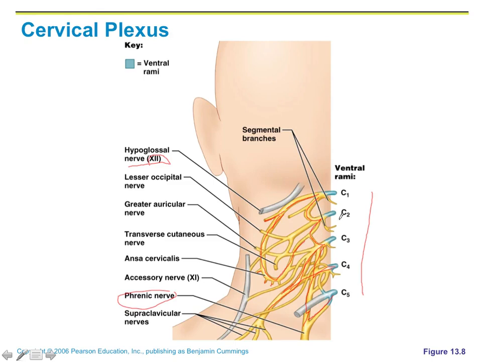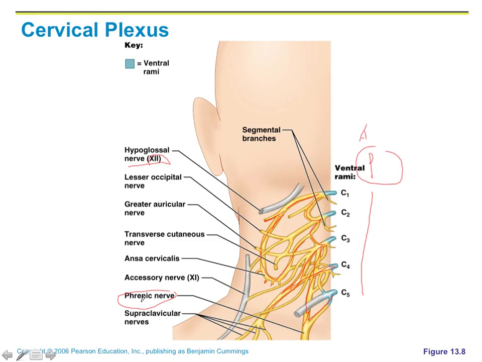Let's take a look at the C2 as well. We can separate this plexus into the anterior part and the posterior part. The contents that I have mentioned, including the phrenic nerve, are the posterior part.